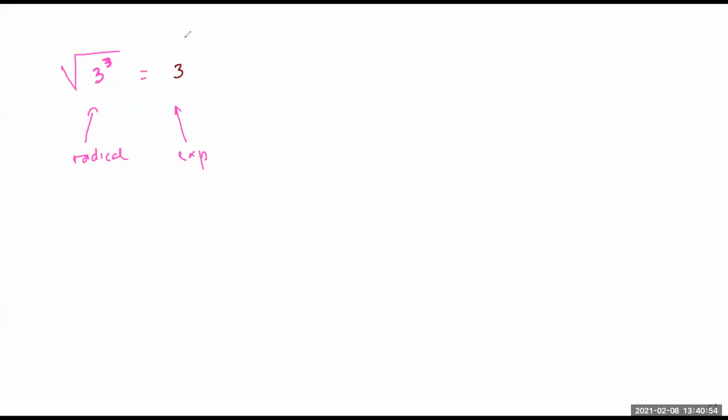Hillary, seriously? Wait. No, Mister, it's reversed. It becomes 3 to the power of 3 over 2. Yes. Wow.